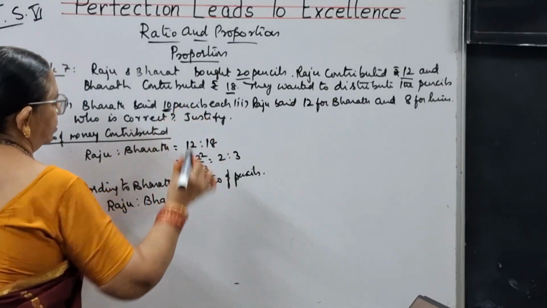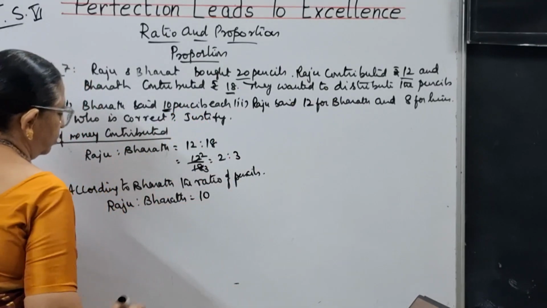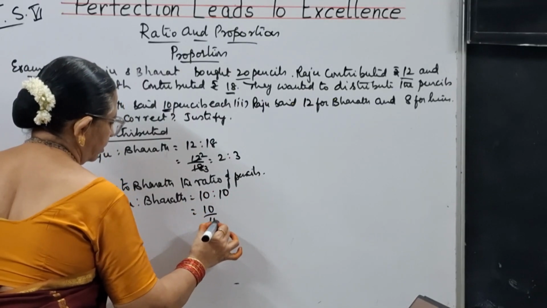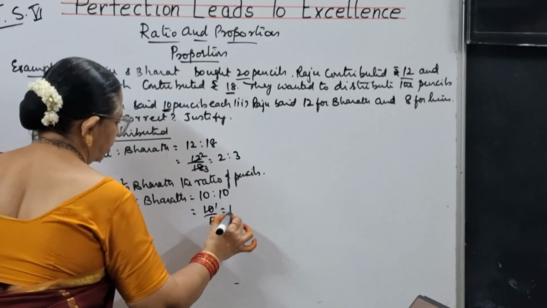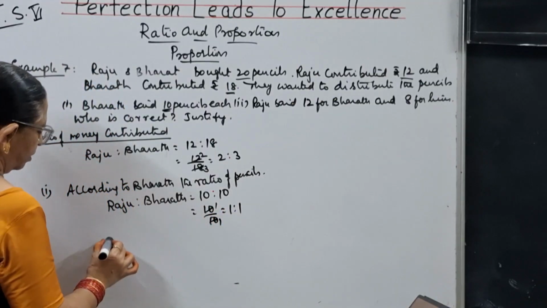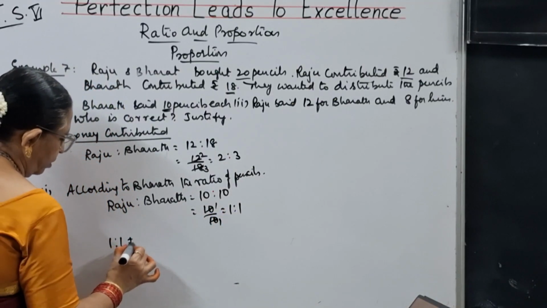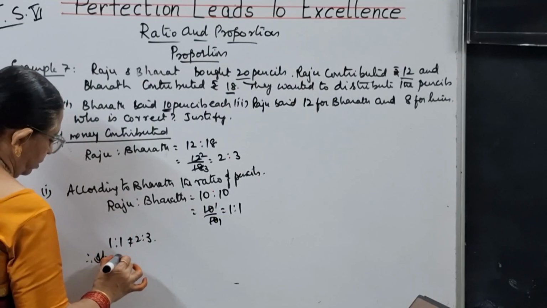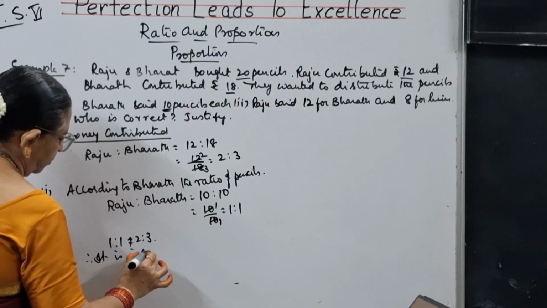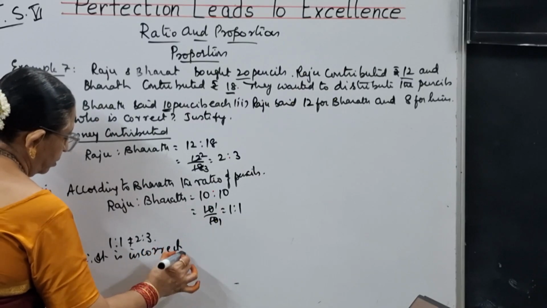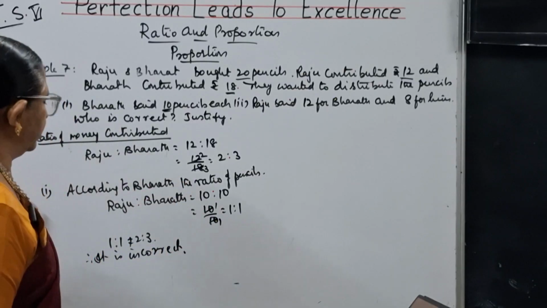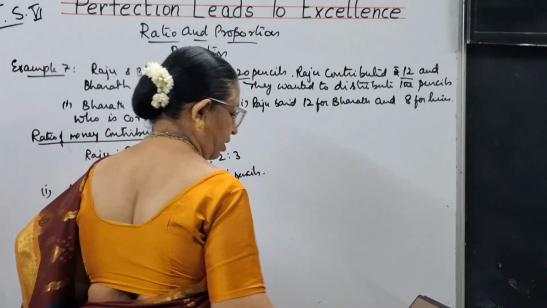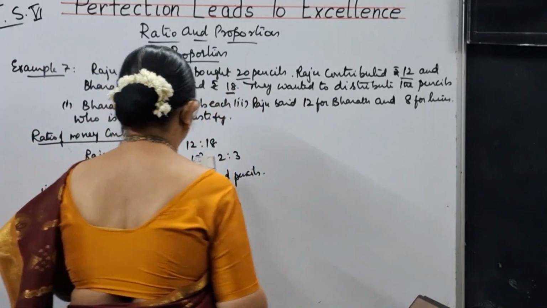He said 10 pencils each. That means 10 to Raju is to 10 to Bharat. That is 10 by 10, that is 1 by 1. 1 is to 1. So we will say that 1 is to 1 is not equal to 2 is to 3. Therefore, it is incorrect. This way he cannot distribute the pencils because these two ratios are not equal. So, second bit according to Raju.